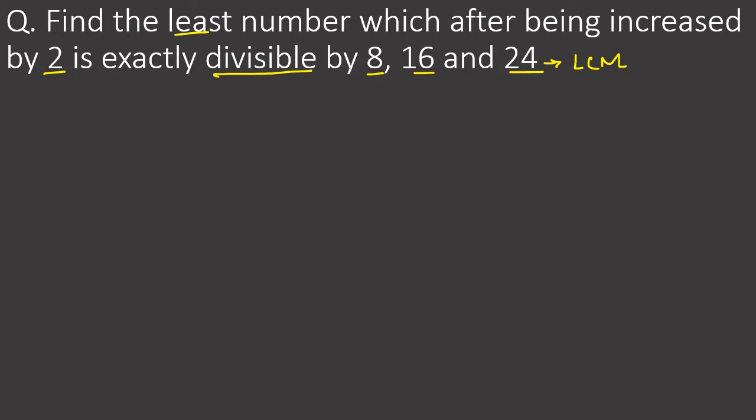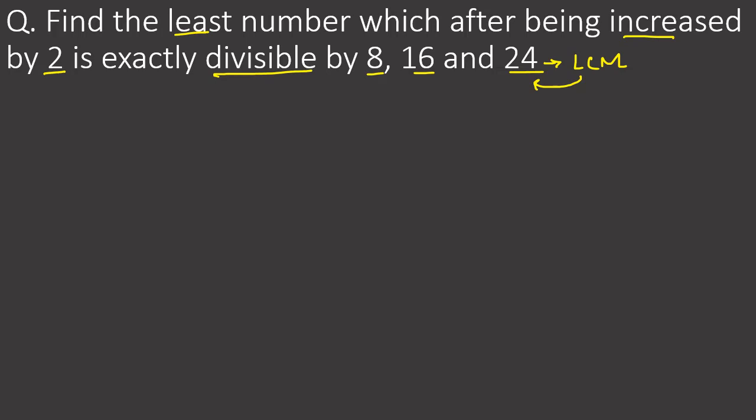Now, one more thing is given here in this question, that least number will be divisible by 8, 16 and 24 after being increased by 2. Now, if we find the LCM of 8, 16 and 24, that LCM will be exactly divisible by 8, 16 and 24.